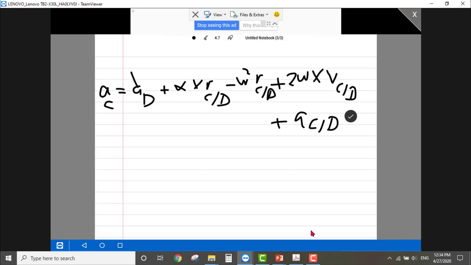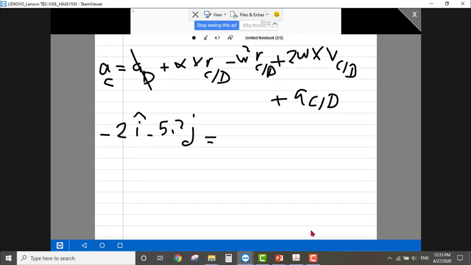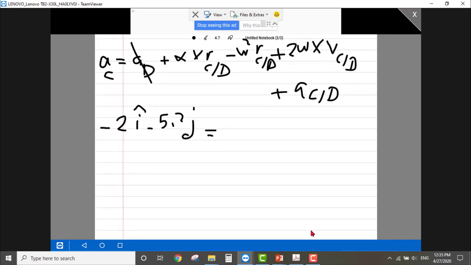Now AD is 0. AC we could find in the previous part, which is equal to minus 2 in the I direction, minus 5.2 in the J direction, and this is equal to alpha. Let us assume that it is clockwise again, like omega.